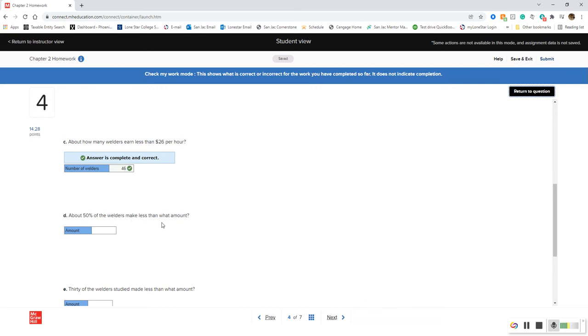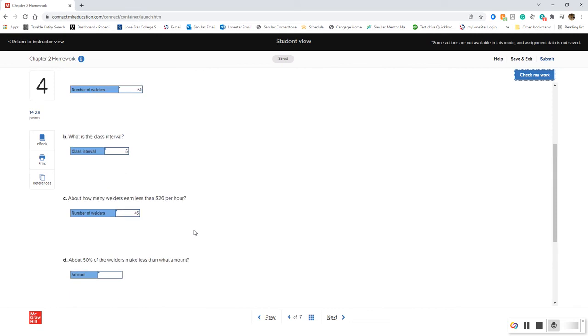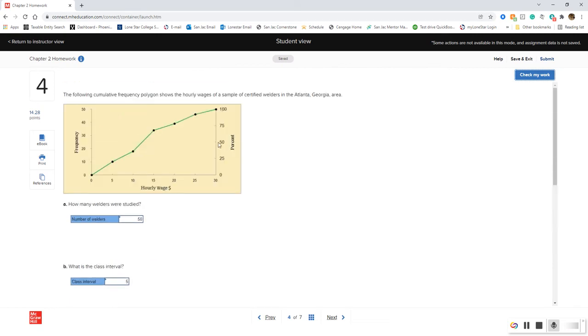About 50% of workers make less than what amount? Okay. So here's 50. We go again. At 50%, we're hitting there.